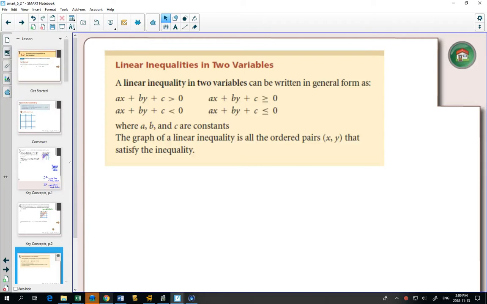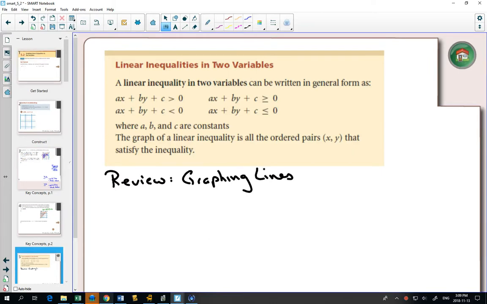So as far as a few review things from grade 10, you may want to write this at the bottom of your page. Review of graphing lines. You basically had a couple of methods that you learned in grade 10.